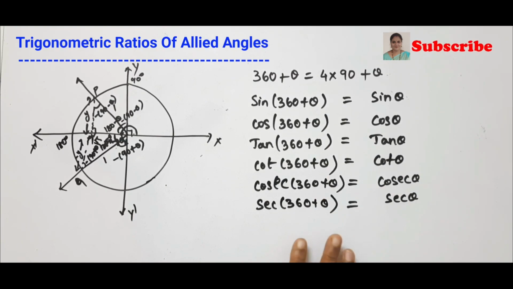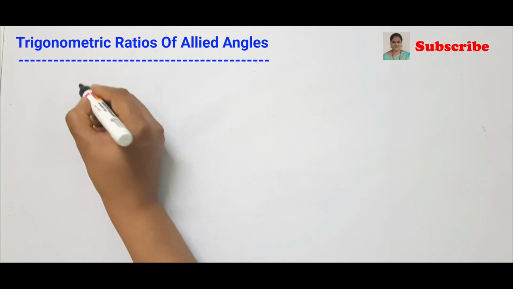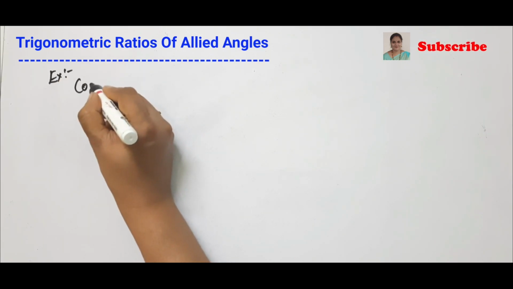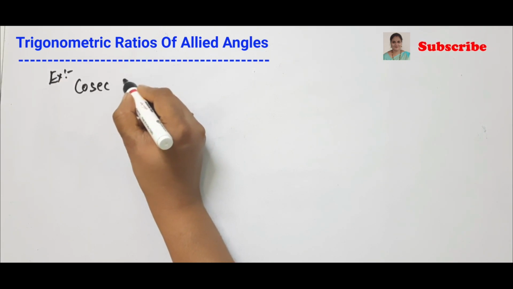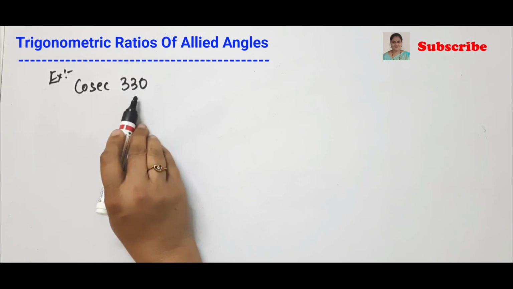Let us see some examples of solving sums which involve this concept. Let us take one example and study how to solve using this concept. Suppose we have to find the value of cosecant of 330.